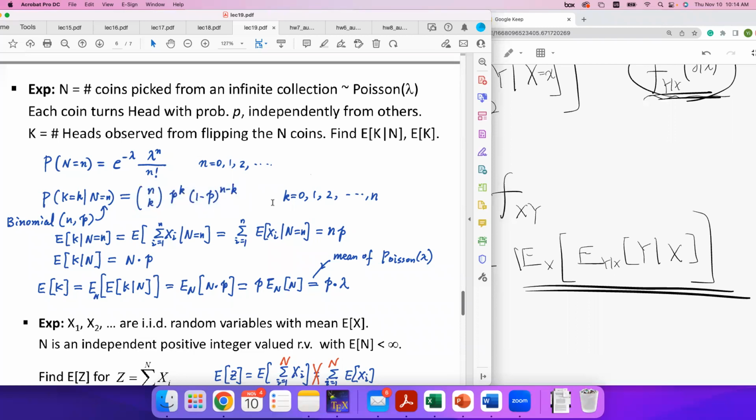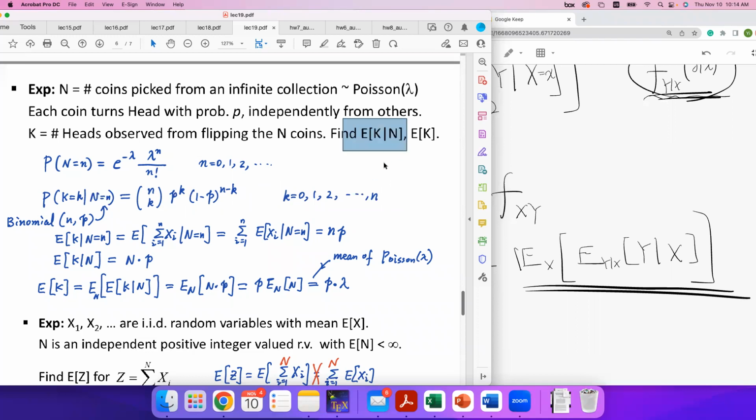Well, this k ranges from 0 up to small n. It cannot exceed the total number of coins. Yeah, this is when we condition on the number of coins that we draw.